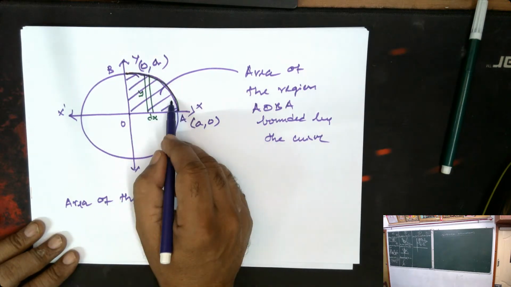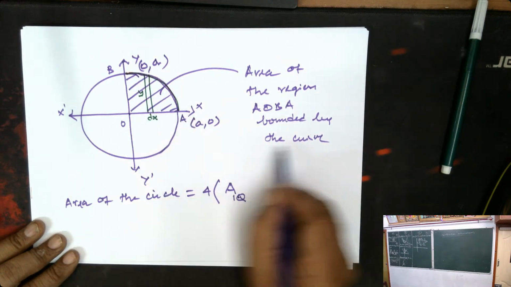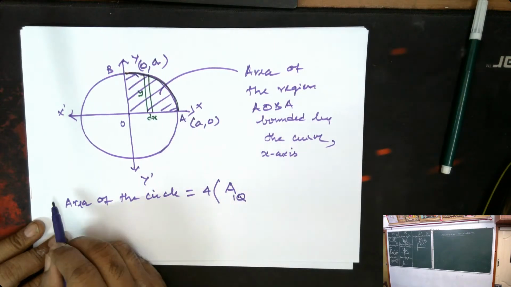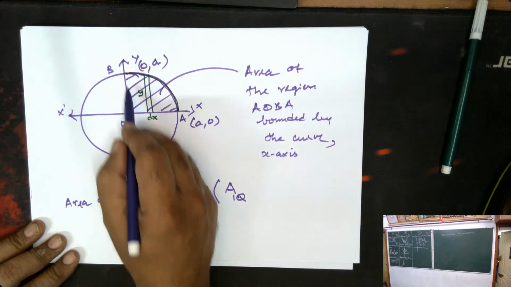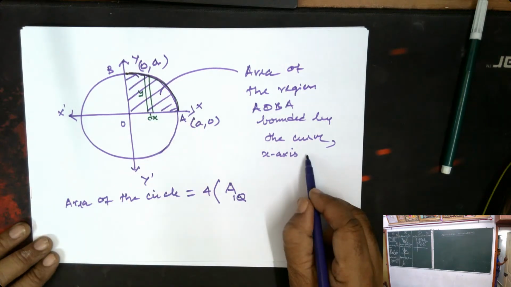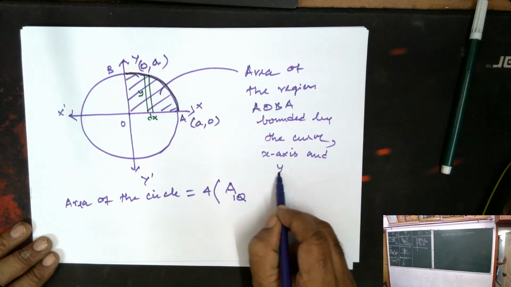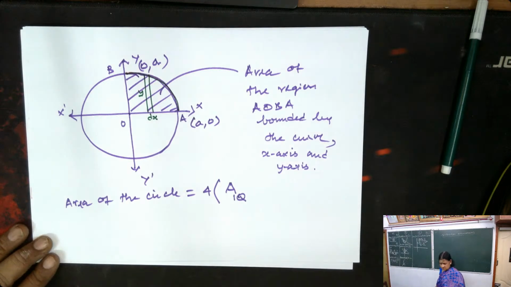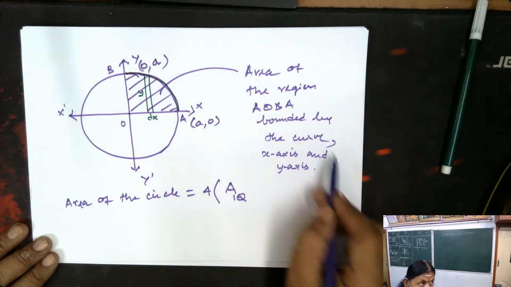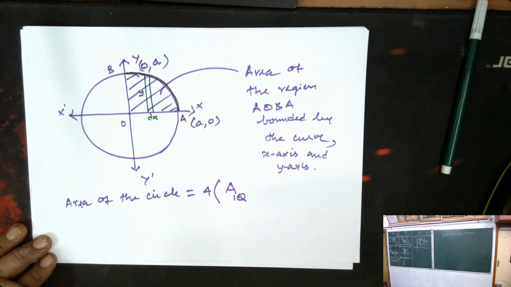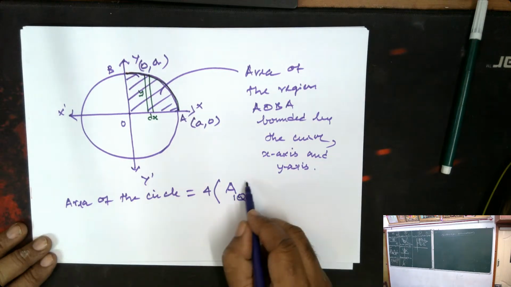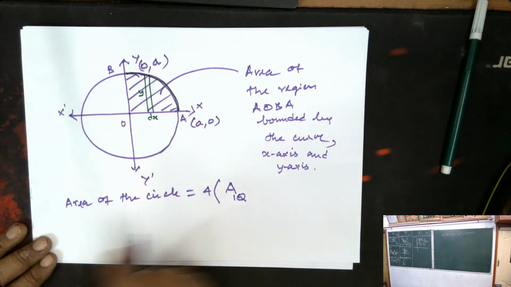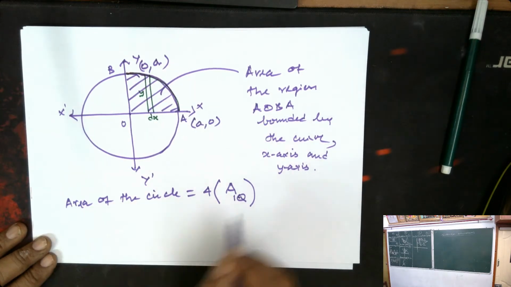Now the curve is over and you have got the x-axis, and you have got the y-axis. So we have now the area, and that is completely defined here. Once you are able to arrive at this, you can multiply this by 4 so that you are able to get the area of the circle.